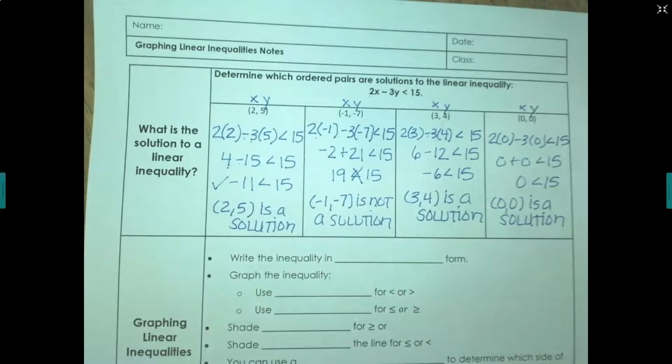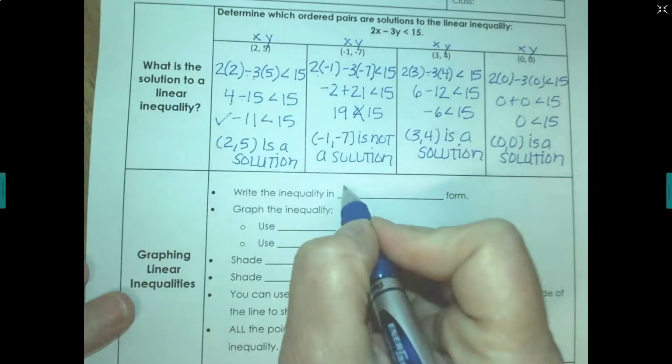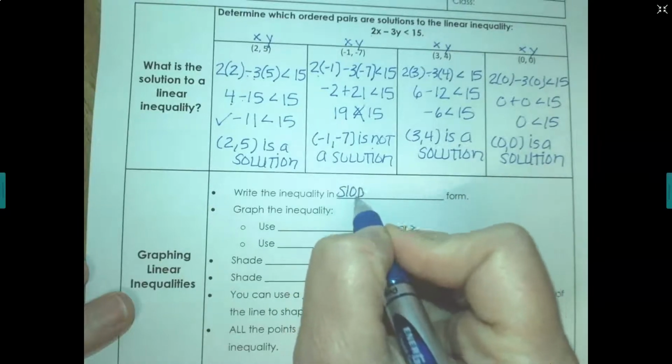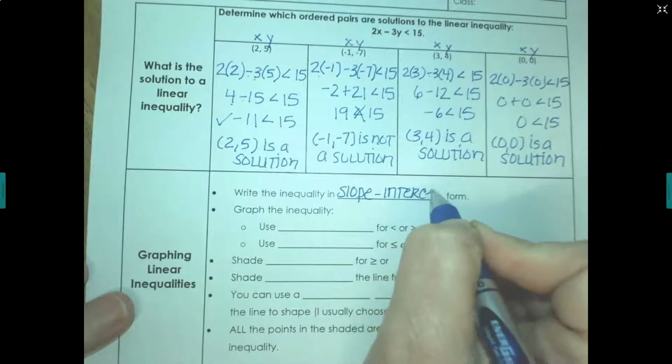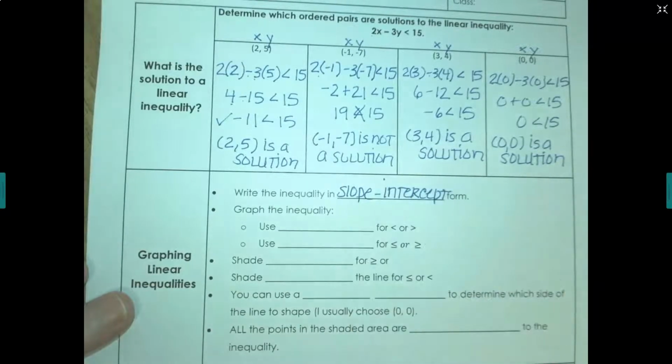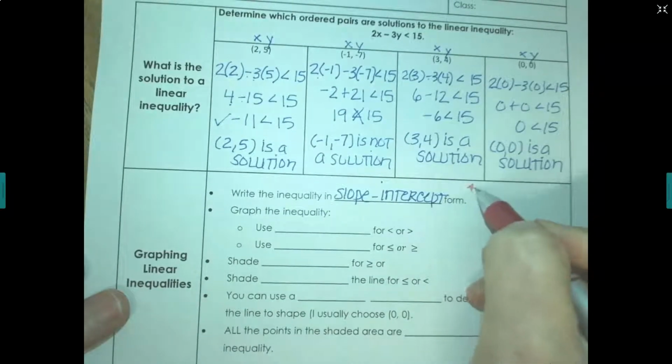Okay, so we've graphed lines, and this is going to be the same idea. We're graphing lines, but because they're inequalities, there's a couple things that we want to remember. Whenever we're graphing our lines, we like to put them into slope-intercept form. It just makes it easier to graph the intercept and count the slope. One thing I want to mention here, be very careful.